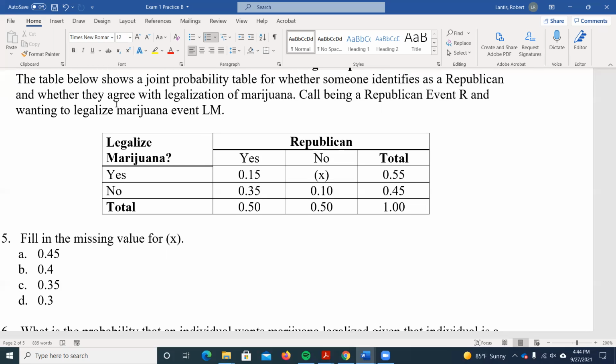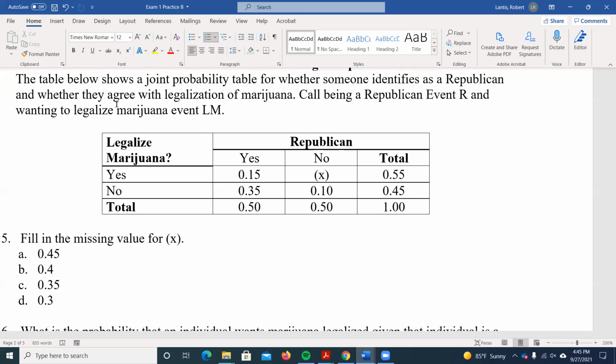Now we can't directly get this probability from the table, but we can solve this using components in the table, because we said earlier that if I want a conditional probability, that's the same thing as the intersection of those two events divided by what we conditioned on.